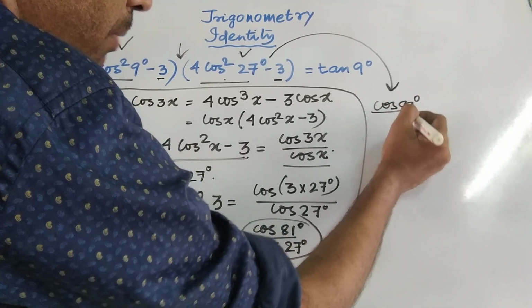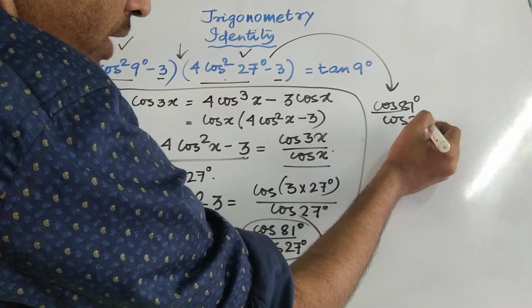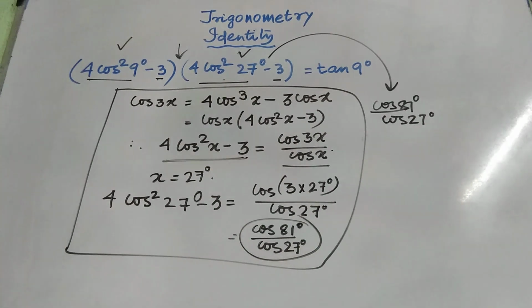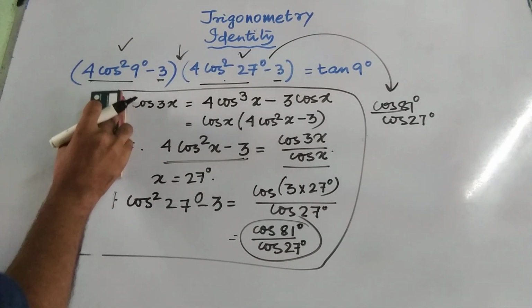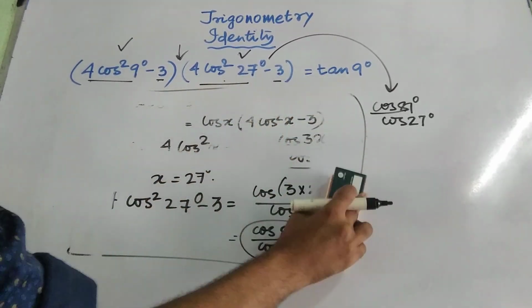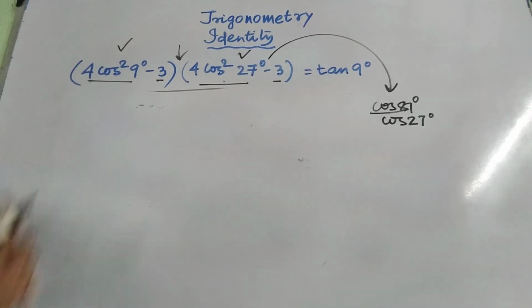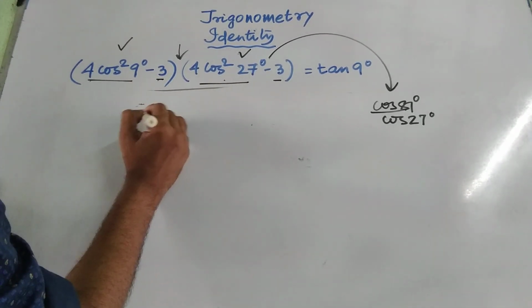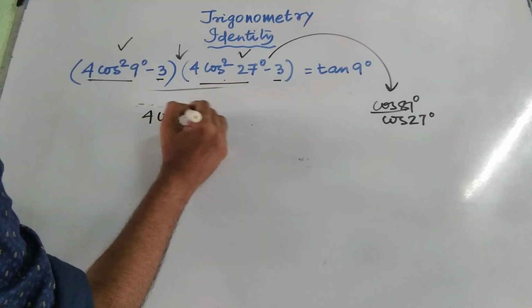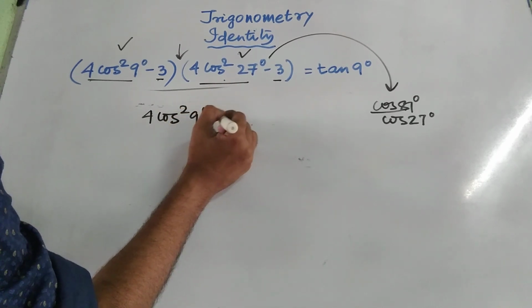Let us now calculate the first expression. What is that? The first expression is 4 cos² 9° minus 3.